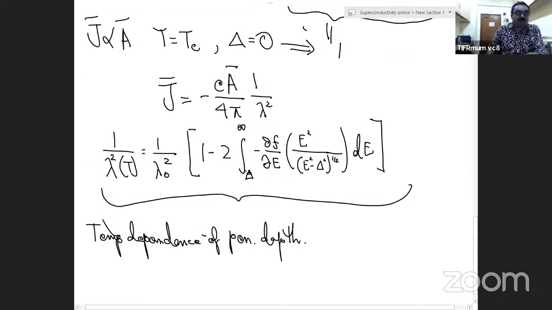At T equal to Tc, this integral becomes half, so multiplied by 2 is 1. So 1 minus 1 is 0, which means that at Tc, your penetration depth diverges to infinity. This is exactly what we would have expected, because there is no diamagnetism in the normal state.